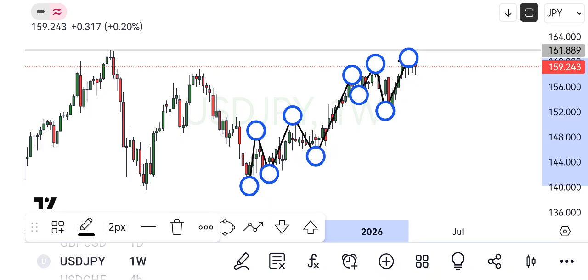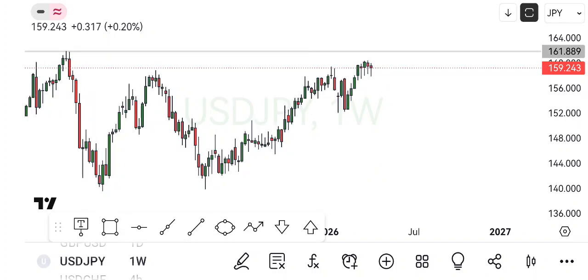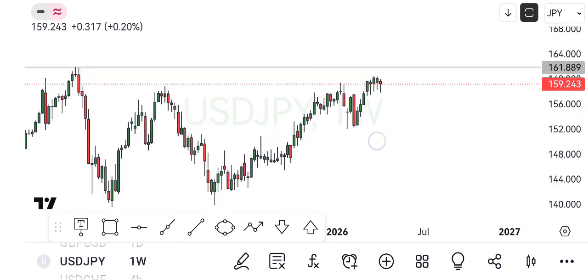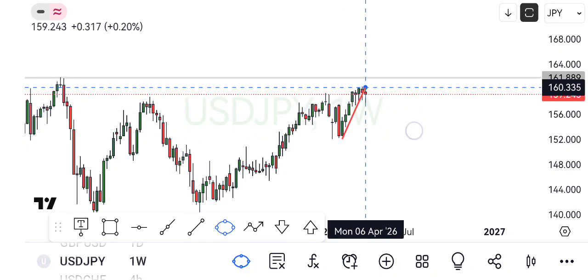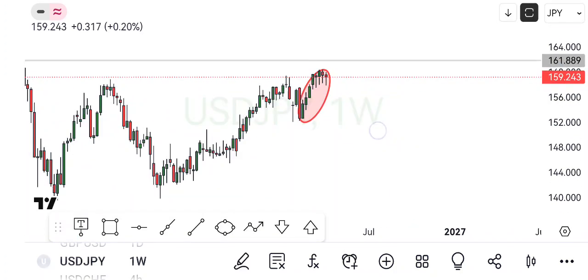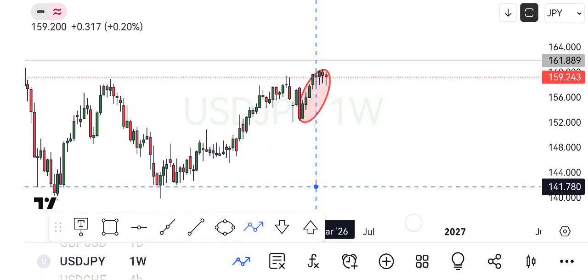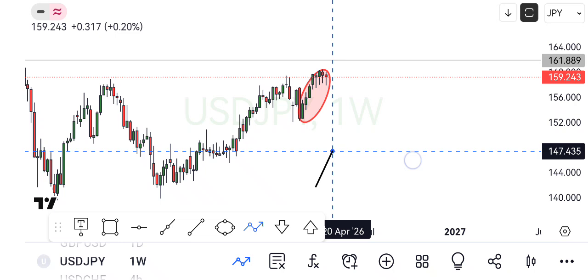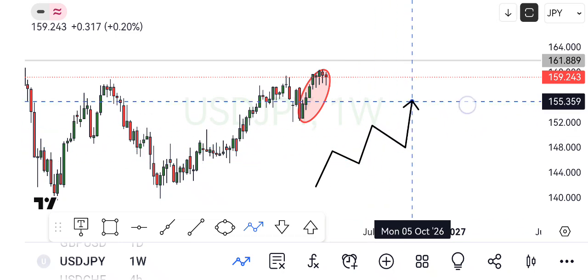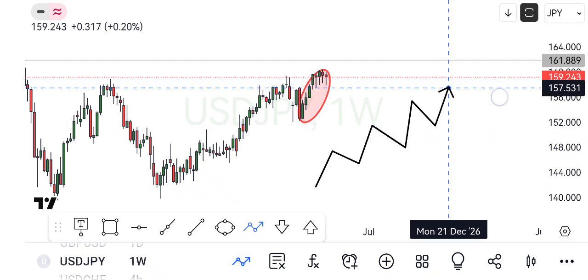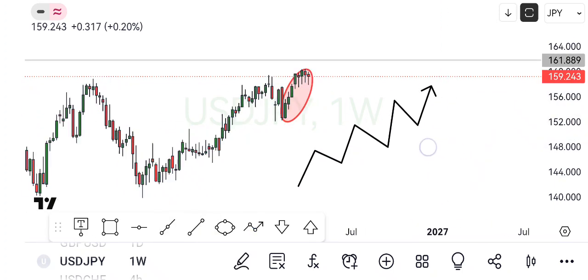And when you go down to lower time frames, from the weekly to the daily or H4, this small movement right here is going to become either a minor term uptrend or a long-term uptrend, depending on the time frame that you would be looking at.